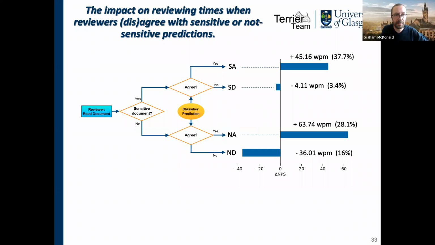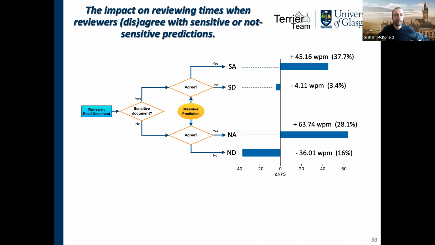Interestingly, or maybe not quite so surprisingly, we see that when the reviewers agree with the classifier, it increases their reviewing speed a lot. For sensitive documents where they agree, it's increased by 45 words per minute. For non-sensitive, where they agree, it's increased by 63 words per minute.